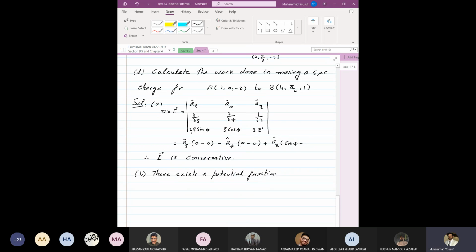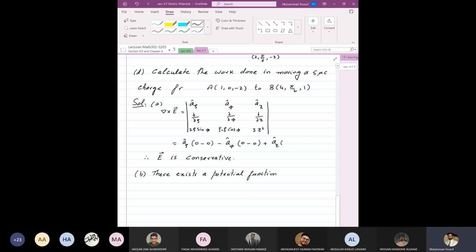This part is a rho, this part is a phi, and according to the formula, there should be another row with this one, another row with this.